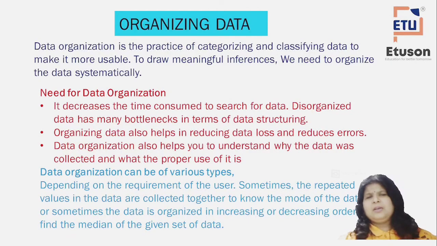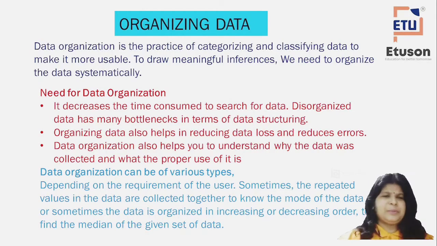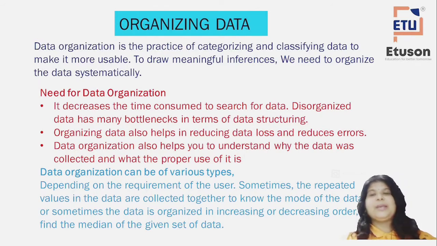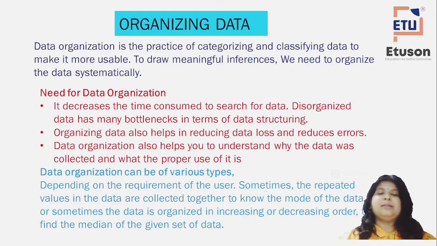Now, data organization can be of various types depending on the requirement of the user. Sometimes the repeated values in the data are collected together to know the mode of the data, or sometimes the data is organized in increasing or decreasing order to find the median of the given set of data.